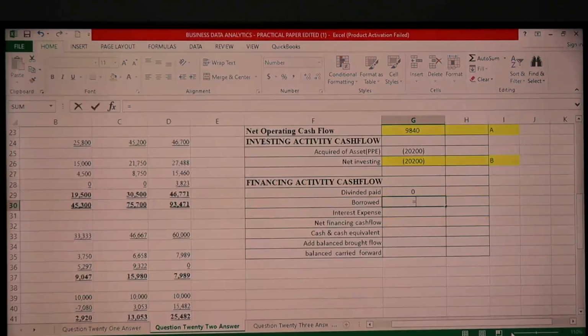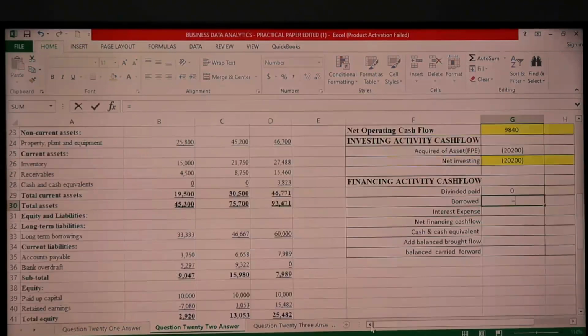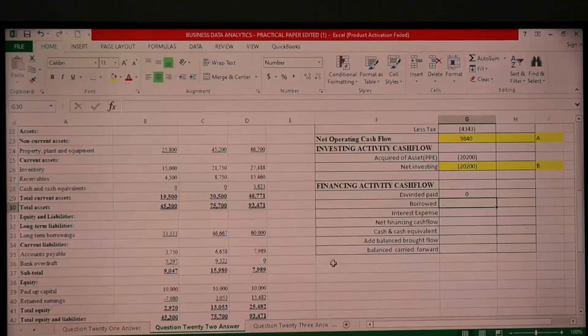So we'll get the values for borrowing. Yes, so we just pick equals to the values for 2020. Where is the long-term borrowings? Take this value here, minus this amount here. So that is the amount we borrowed.